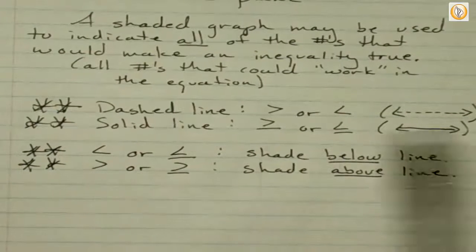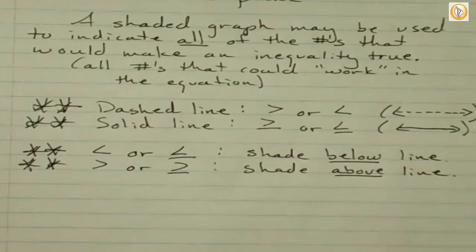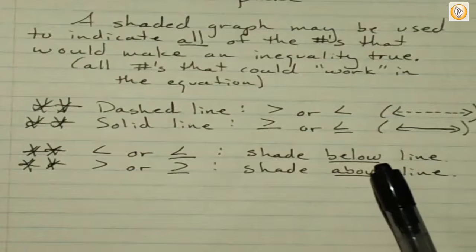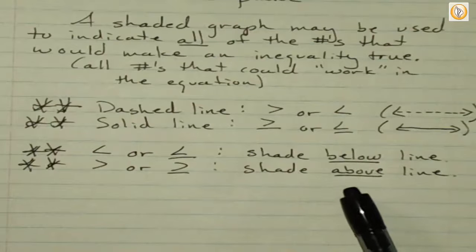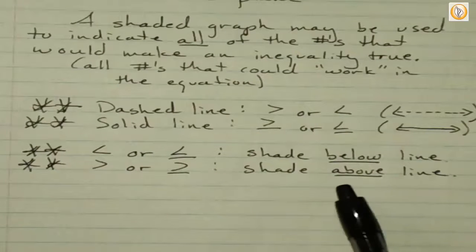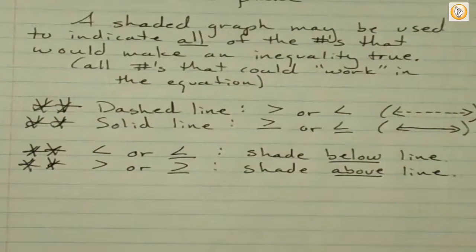So if it's less than or less than or equal to, less than, below, kind of goes together, right? Greater than or greater than or equal to, greater than, you're shading above the line. So those four right there. Any questions?